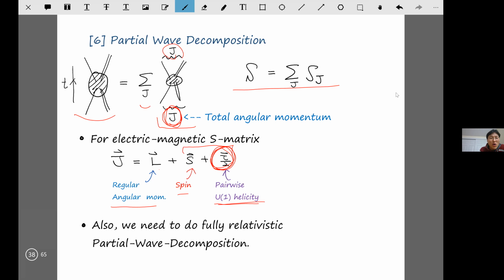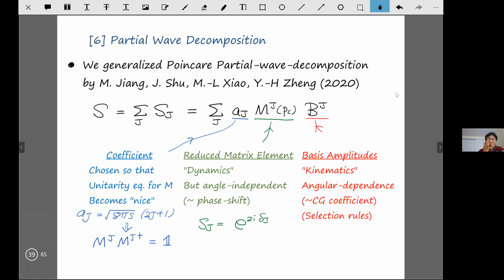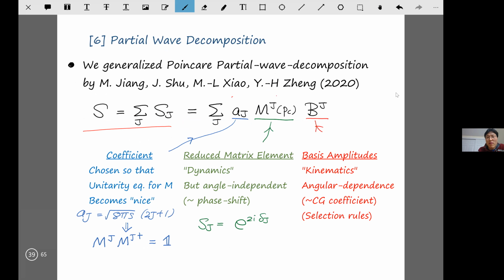So anyway, in an electromagnetic process, total angular momentum has three pieces. And the goal is to do this partial wave decomposition in a completely, fully relativistic way, meaning I want to do the partial wave decomposition for the Poincare group rather than just the SU2 rotation group. Here is the summary of the answer. This will be written as a sum of three factors.